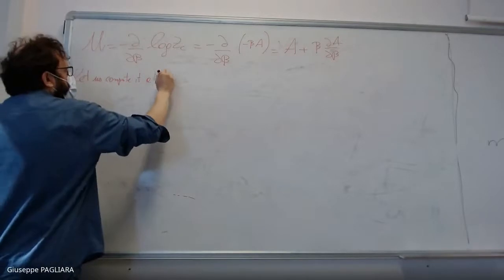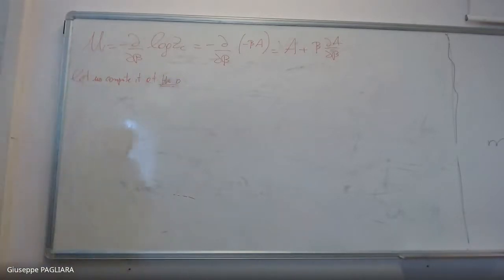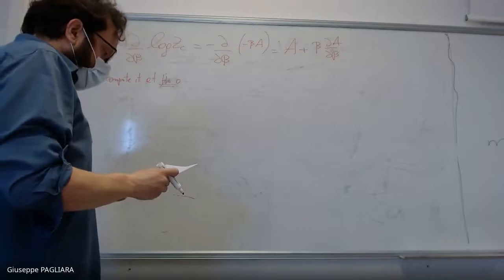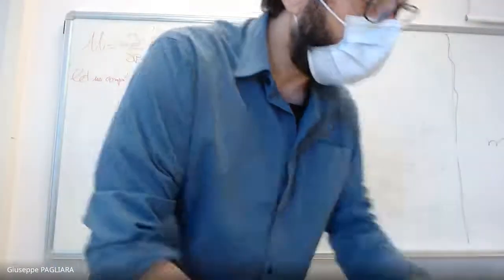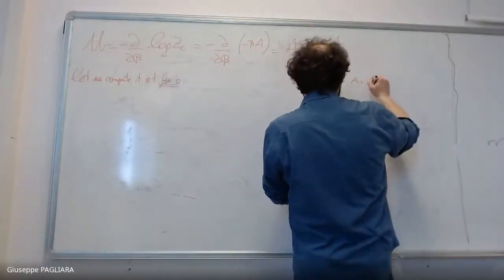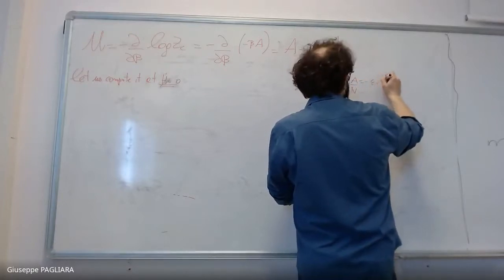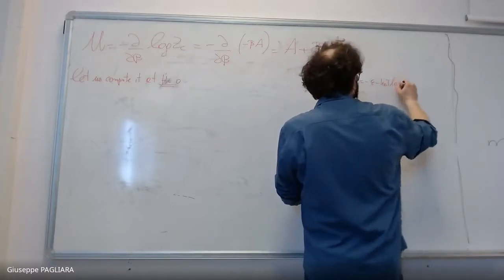At H equal to 0, in order to have a simple expression. So for H equal to 0, what is A? Let me write it down. A divided by N was minus epsilon minus kBT times the log of 1 plus e to the minus 2 beta epsilon.